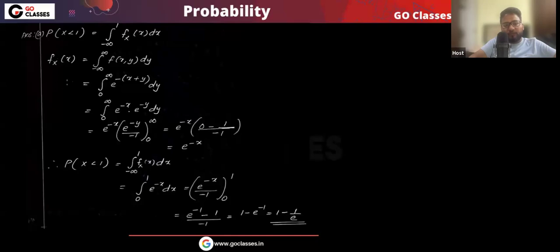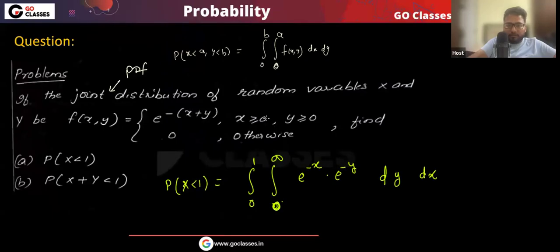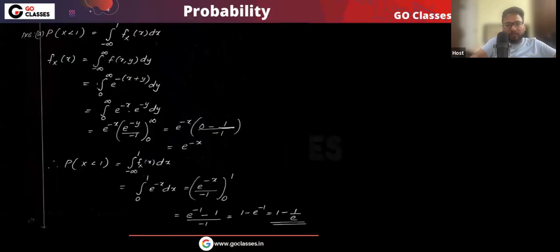They have first found the marginal PDF, which is from minus infinity to 1. X is greater than or equal to 0, so minus infinity is actually 0. If you do 0 to infinity, this will be e power minus x.